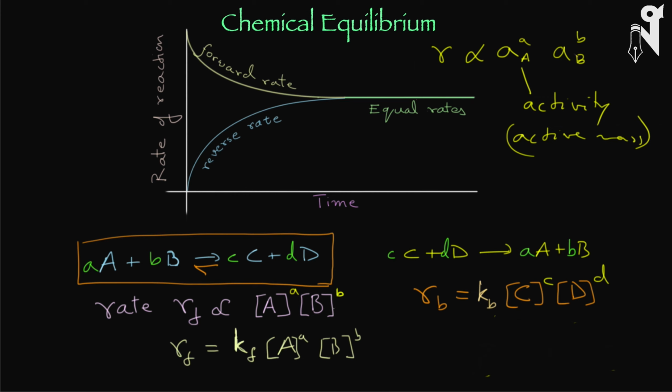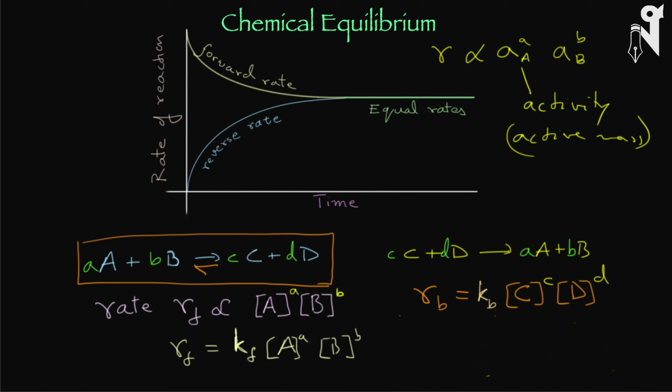Now, the individual rate is what we are going to study in the chemical kinetics chapter next year. There we will delve much deeper. We are going to see the molecularity of the reactants, the proposed mechanism of the reaction, and what might be the subdivision or steps of this reaction. All these we are going to study next year.